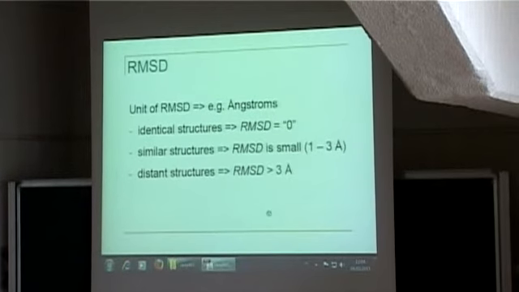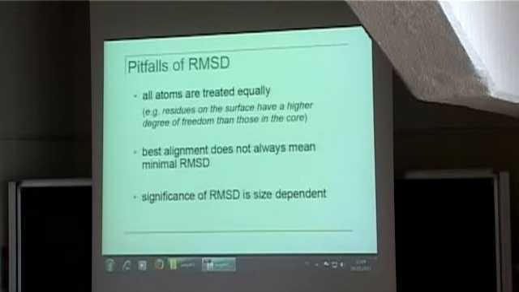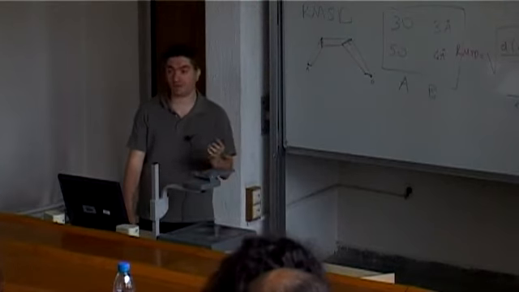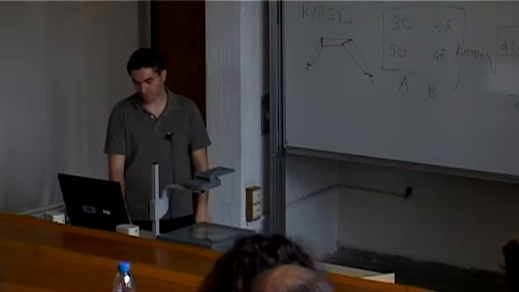Still, 4 or 5, up to 5, can be an accepted similarity if you have a large protein structure, of course. If you have an RMSD of 5 between 10 amino acids, that's a bad thing. So if you're just matching small parts of your structure, you are looking for RMSD between 1 and 3 angstroms.